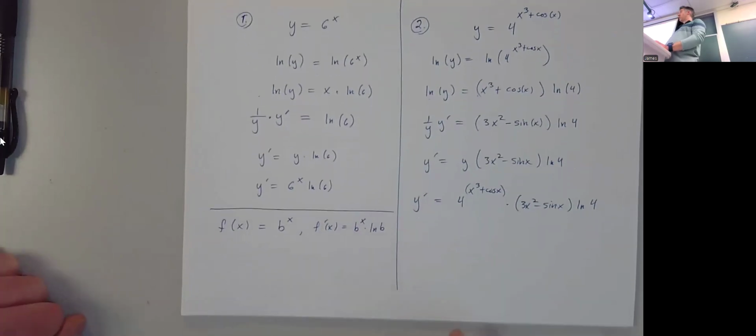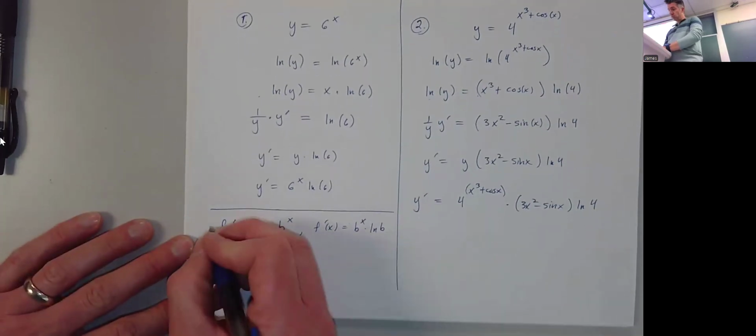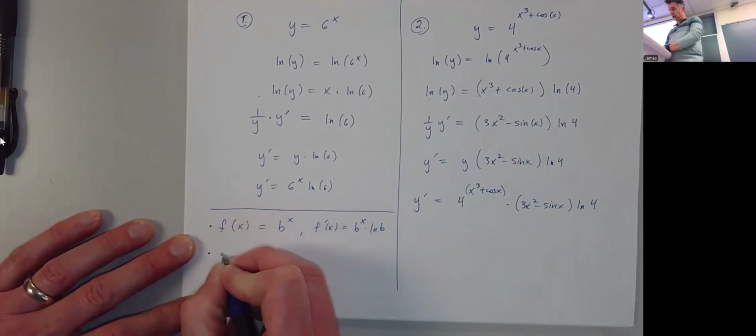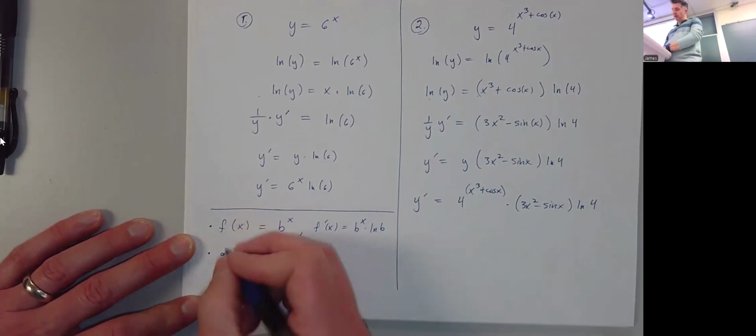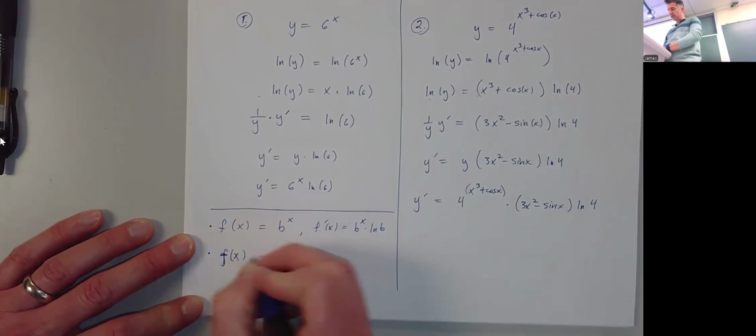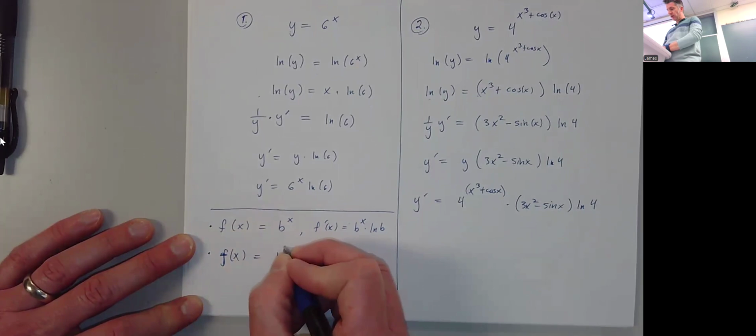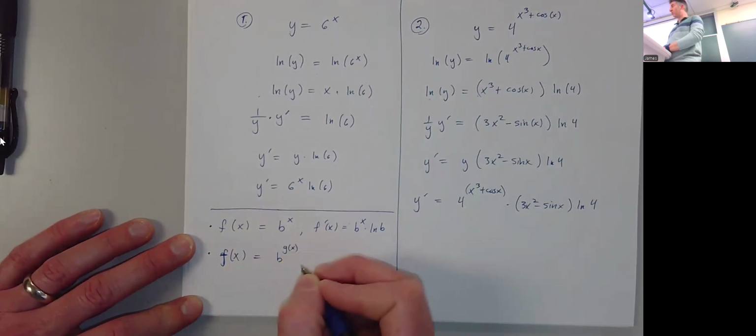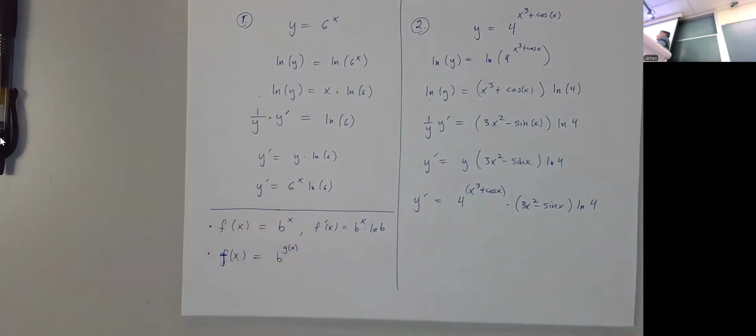If your function is a little more complicated, if your exponent is, I meant to write an f there, sorry, this would be an f of x. If your f of x is some base to something more complicated than just x, well, just like every other time we've taken a derivative, if your inside stuff is more complicated than just x, we end up using the same sort of pattern for the differentiation formula and then throw in a derivative of your stuff at the end of the process.